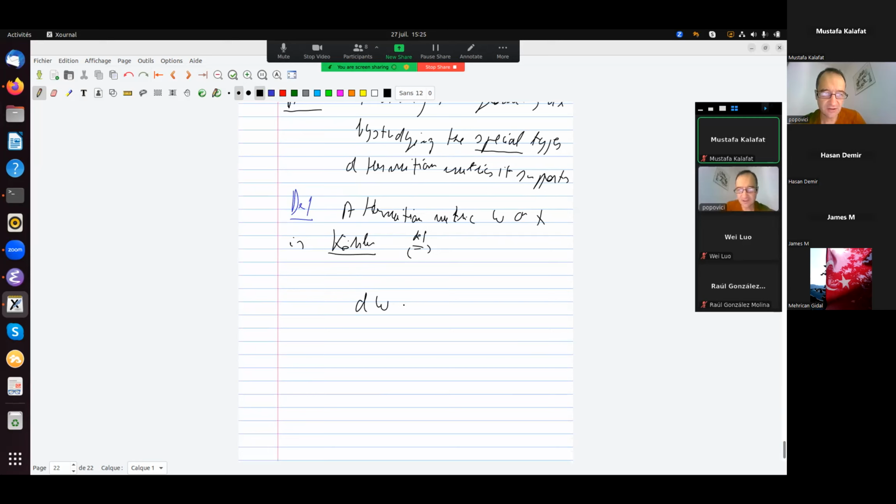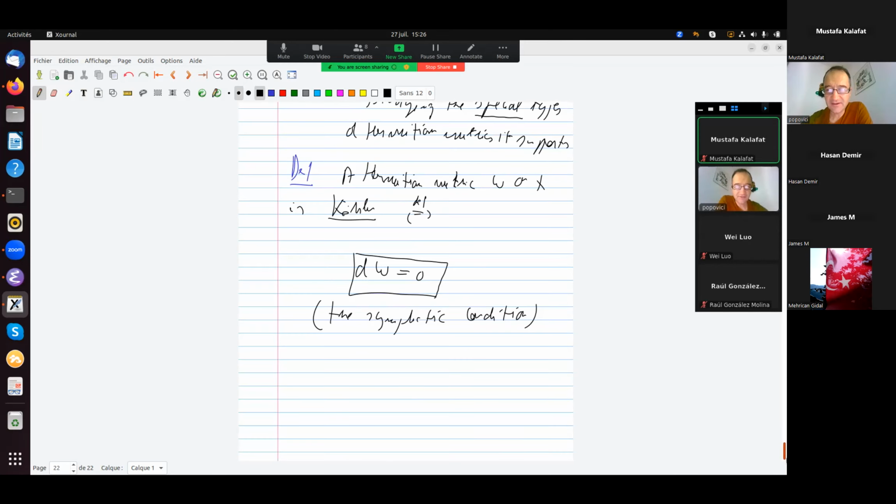If and only if d omega is 0. So it looks very simple. The definition is very simple. A Kähler metric is a Hermitian metric that is closed as a 1-1 form. So this closedness condition is called the symplectic condition. It is a term that also exists in real geometry, the notion of symplectic structure. But what is special to the complex context is that it is positive definite. In real geometry, you don't have positivity. Right? So Kähler metric is this.